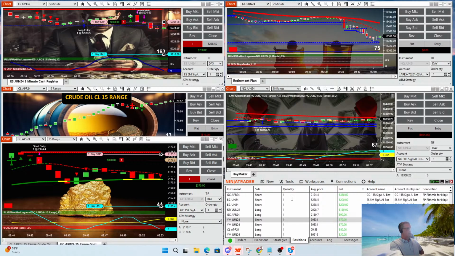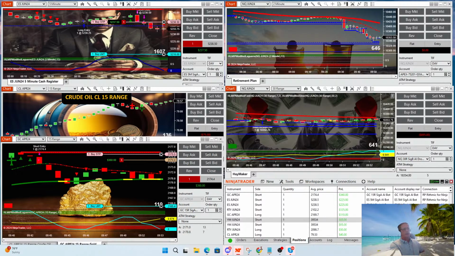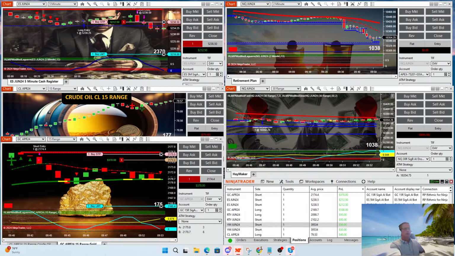There goes gold. Kim, you could put two strategies on one Apex, but I wouldn't run the same instrument. I would run a NASDAQ and one of the other ones: gold, crude oil, Russell.